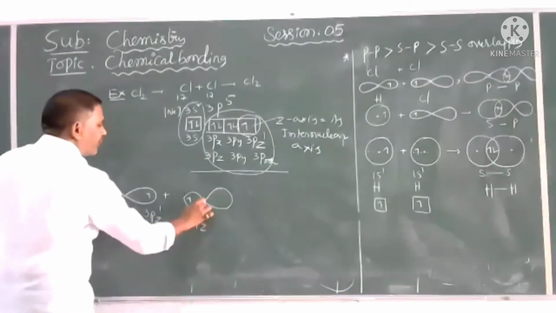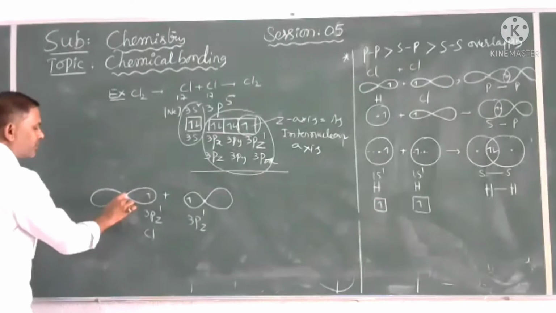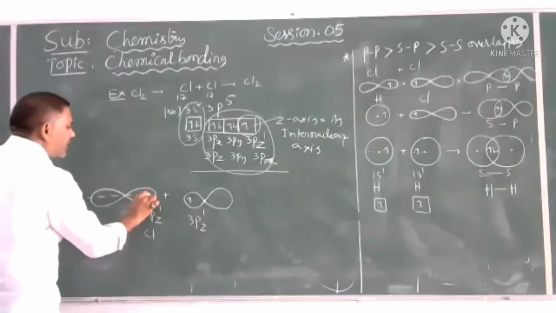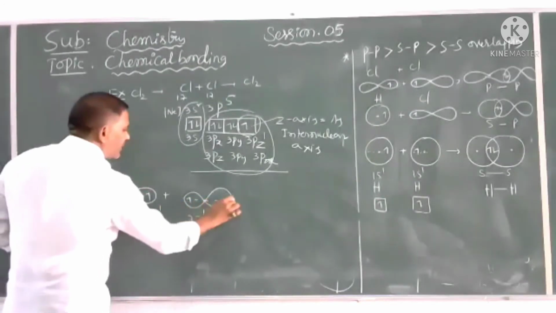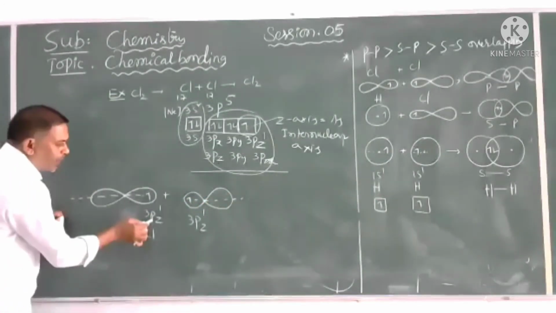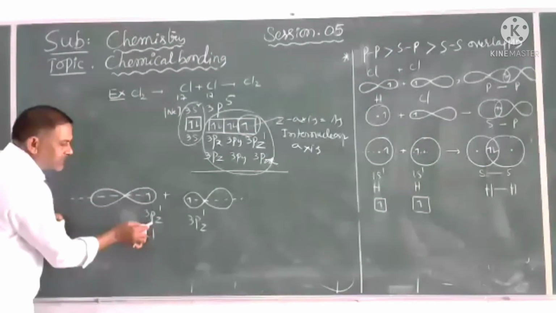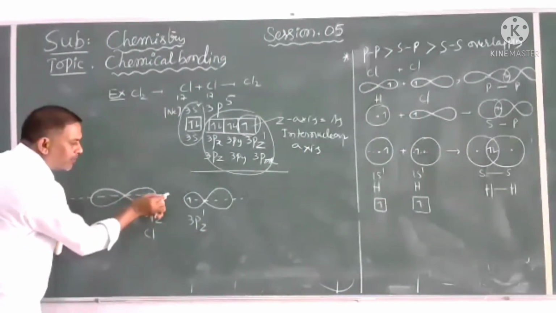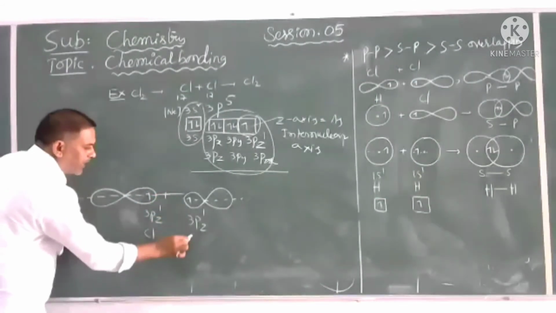Now a line passed through the nuclei of the p orbitals is called the internuclear axis. The half-filled valence electron 3pz orbital of one chlorine atom linearly overlaps with the 3pz orbital of the other chlorine atom.